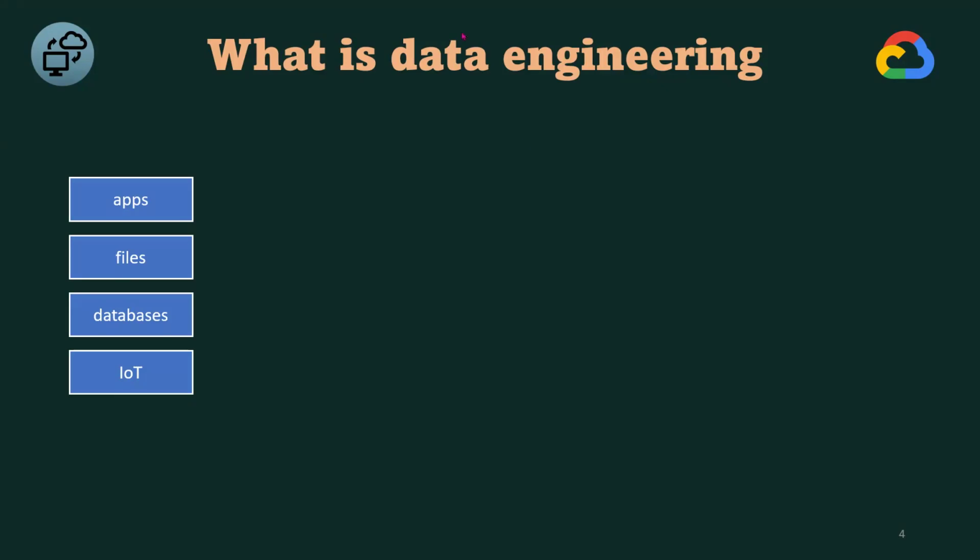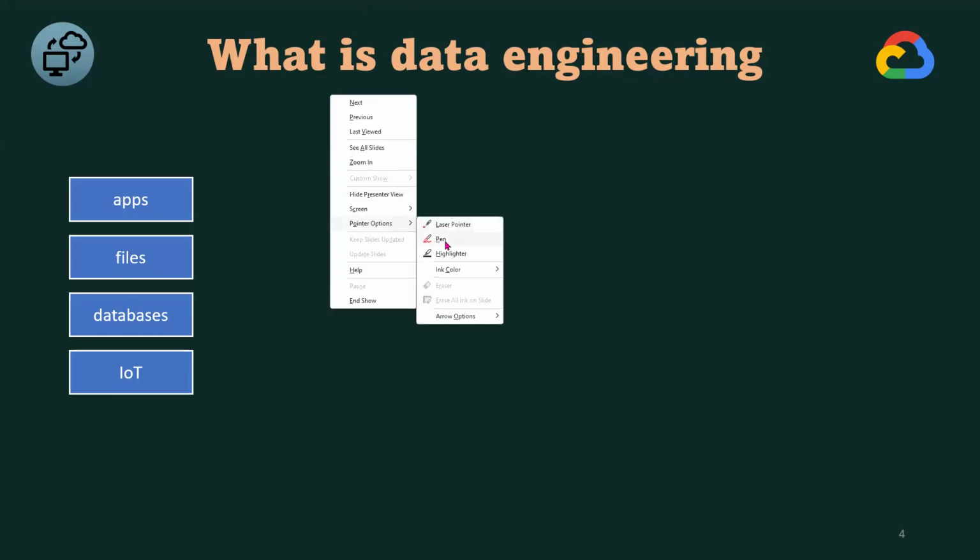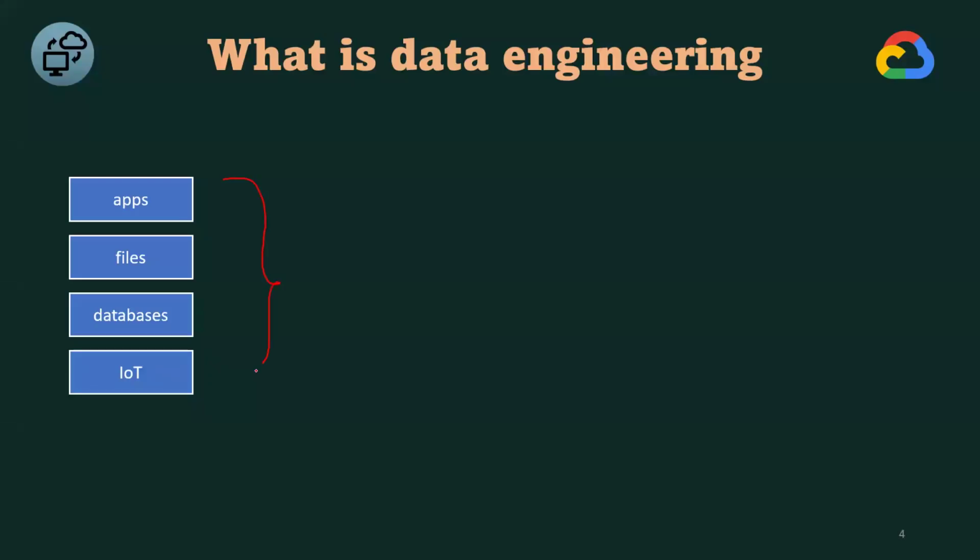Now that we have the data coming from these multiple data sources, wherever the data is coming from, we usually call them data sources. Now that we have the data, what do we do with it?